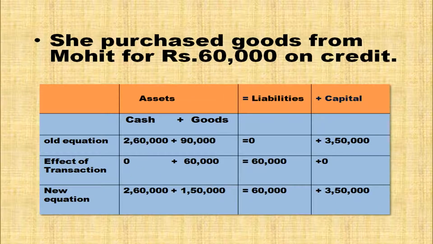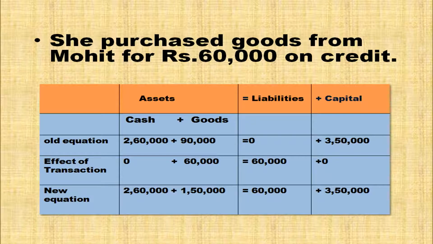Purchase goods from Mohit for rupees 60,000 on credit. It is a credit transaction. So, goods are coming inside the business. Under assets you have already opened a column for goods, so in the goods column you have to add 60,000. Here creditors increased, so under liabilities you can open a column for creditors. In that you have to add 60,000.